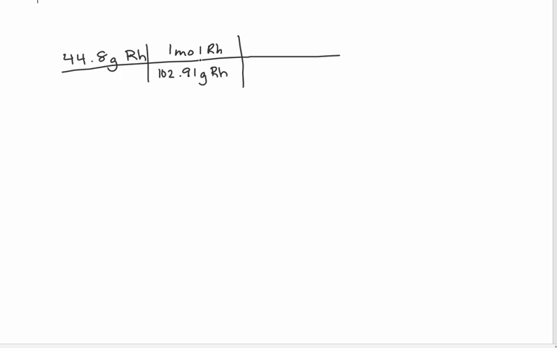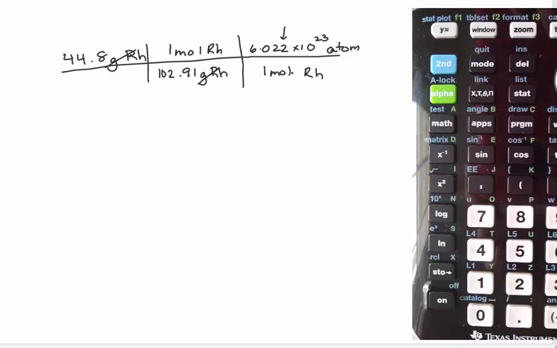So now I use my expression 6.022 times 10 to the 23rd, and oftentimes I will drop this 2 just because the way I learned it was 6.02. You should not see a difference in your grade if you drop that second 2. So here I've converted my grams into moles. I've converted my moles into atoms.